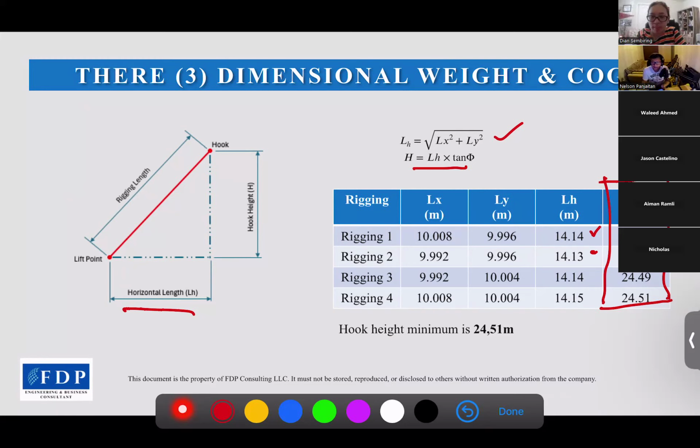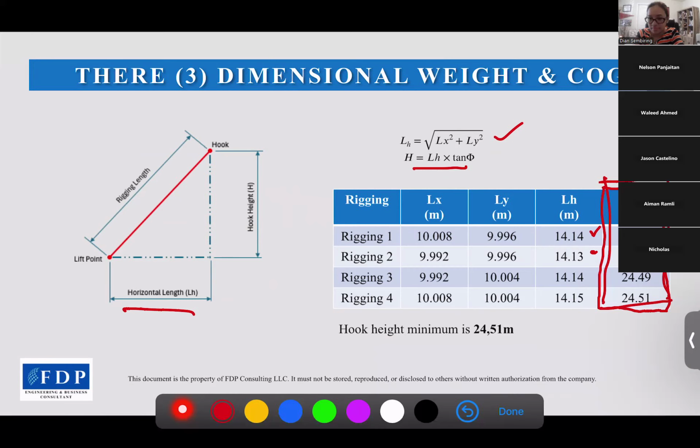So this height that we found here is still the minimum requirement to fulfill the requirement that the allowable angle is 60°. But if we put this rigging into the structure, it will not meet at the hook location. So we need to find the minimum hook height.